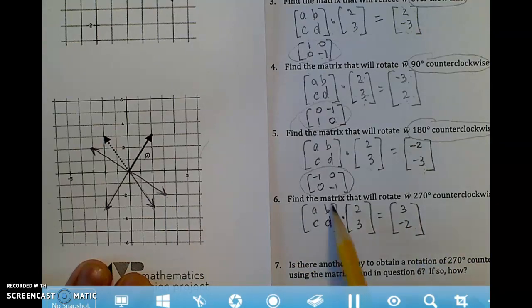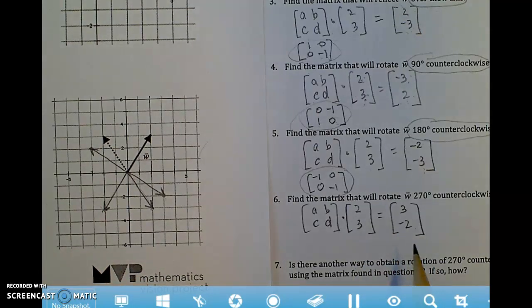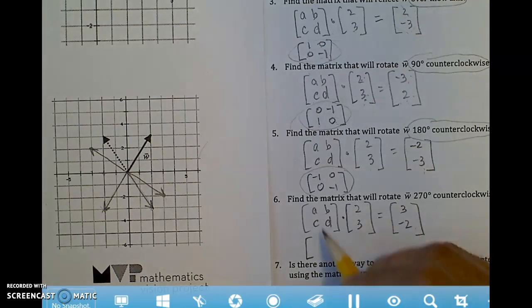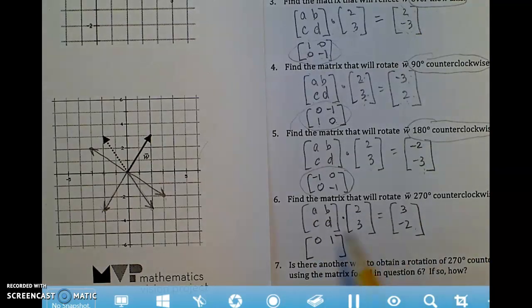Now again, I need to figure out what matrix I'm going to multiply my W matrix by to get this rotation. We think row times column, so I need this to be a +3. So my top row is going to be 0, 1. 0 times 2 is 0, 1 times 3 is 3, 0 plus 3 is 3.